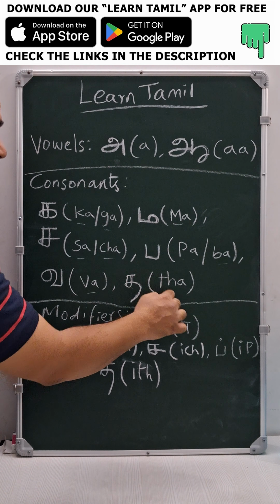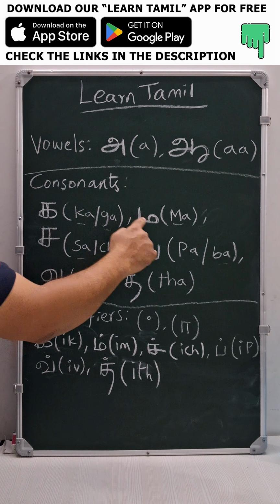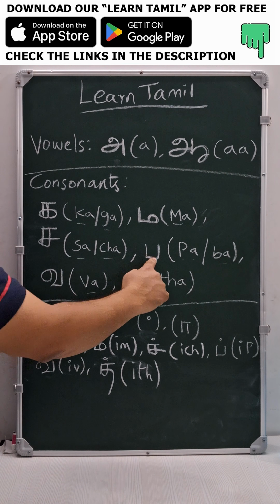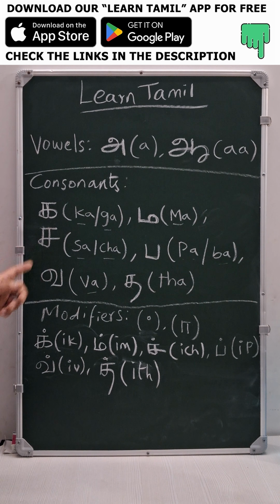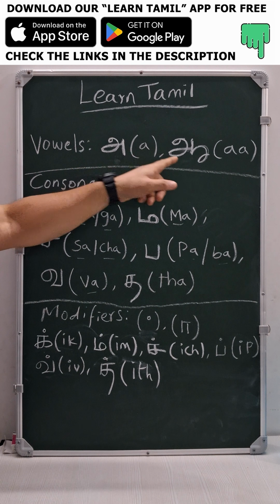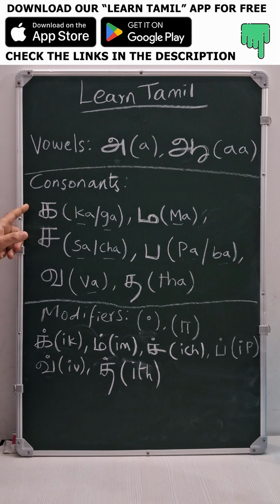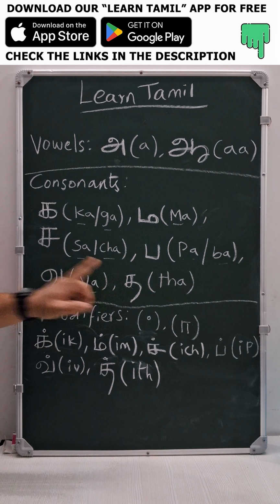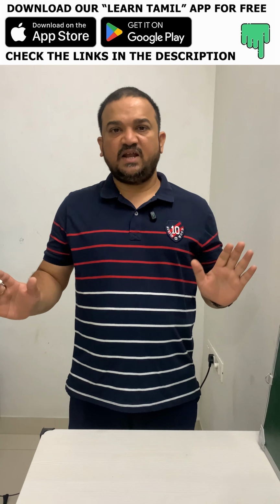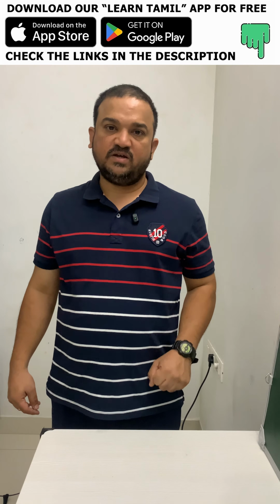So this is Ta. Ka, Ma, Sa, Pa, Va, Ta. These are the 6 consonants. So 2 vowels, and 6 consonants Ka, Ma, Sa, Pa, Va, Ta. Easy, right? Let's move to the modifiers now.